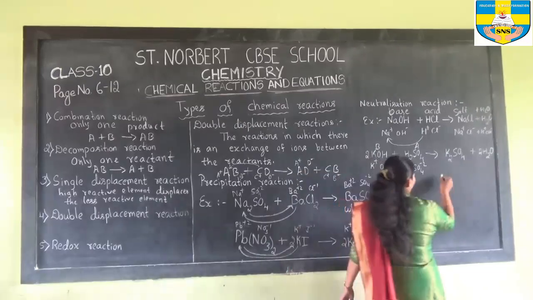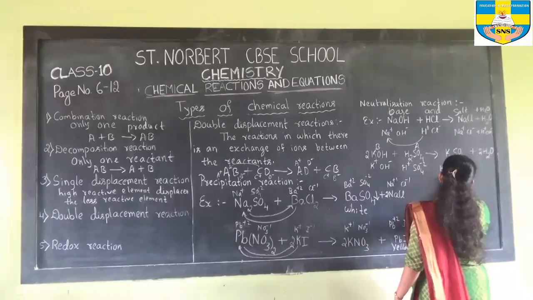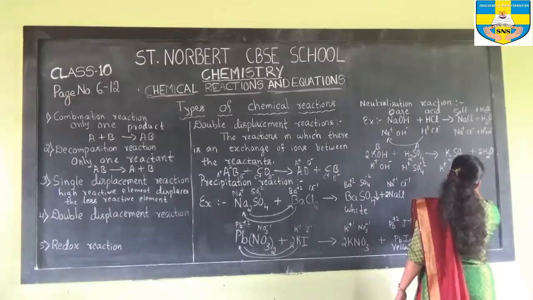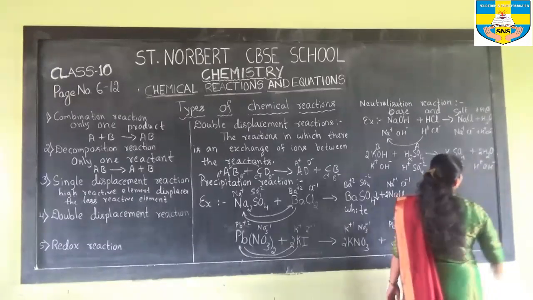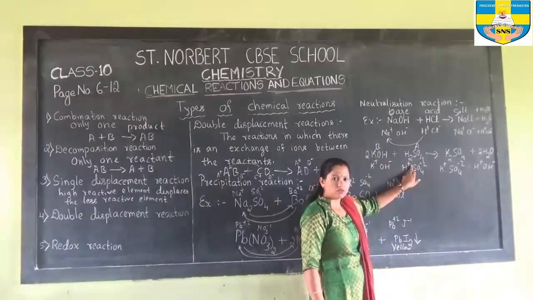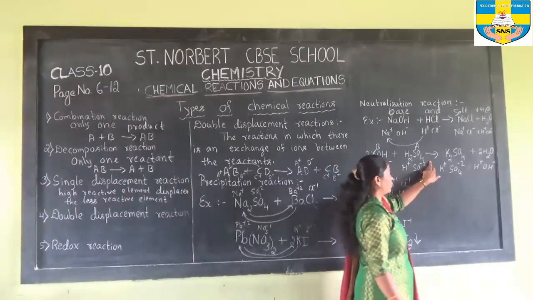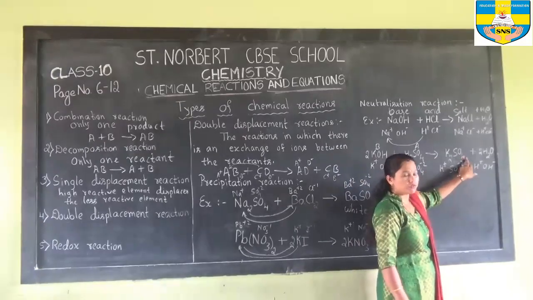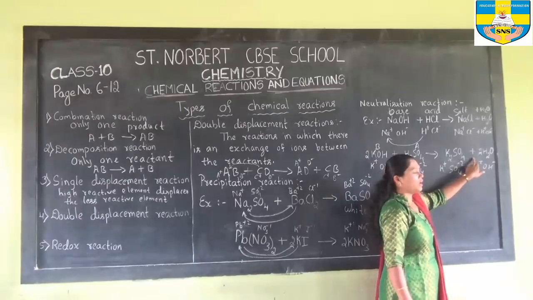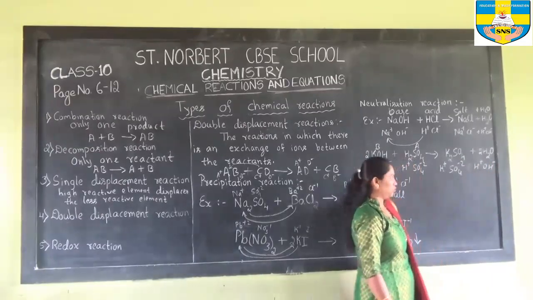So the products are K plus SO4 2 minus, and H plus OH minus. So potassium hydroxide reacts with sulfuric acid. It produces potassium sulfate, K2SO4, and water, H2O.